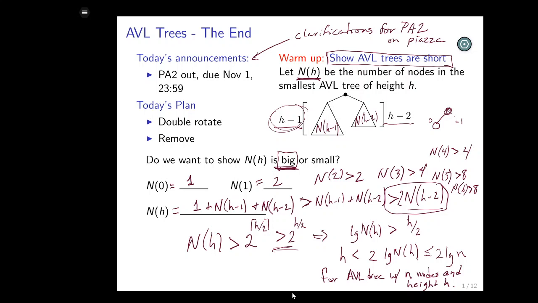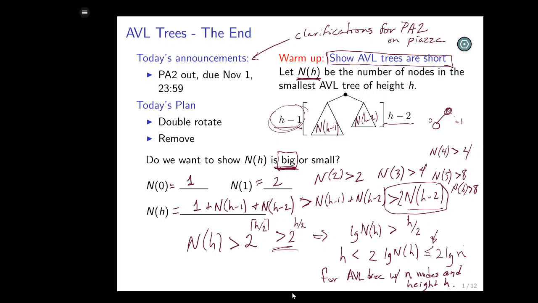What about the next part where you say that value is less than 2 log n? That's what I just said, this part right here. What's the difference between capital N of h and just little n? Little n is the number of nodes in an arbitrary AVL tree of height h.